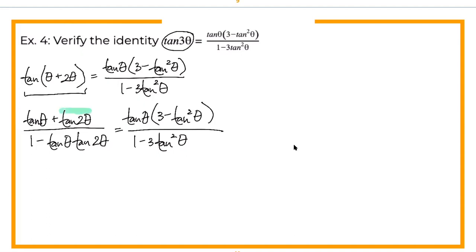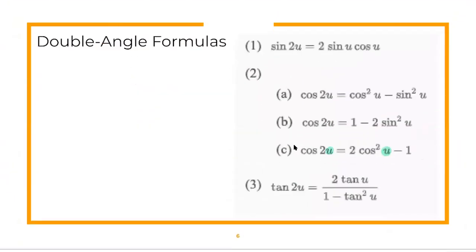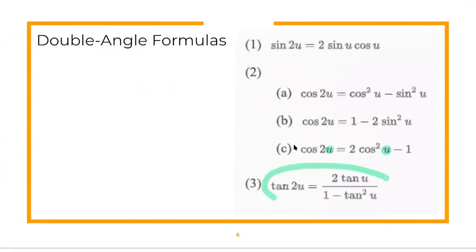So everywhere I see a tangent 2 theta, let's go ahead and use our double angle for tangent. Okay, so everywhere we see tangent 2 theta, we're going to write 2 tangent theta over 1 minus tangent squared theta.